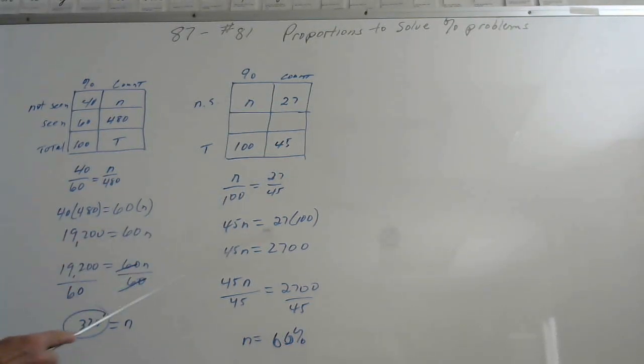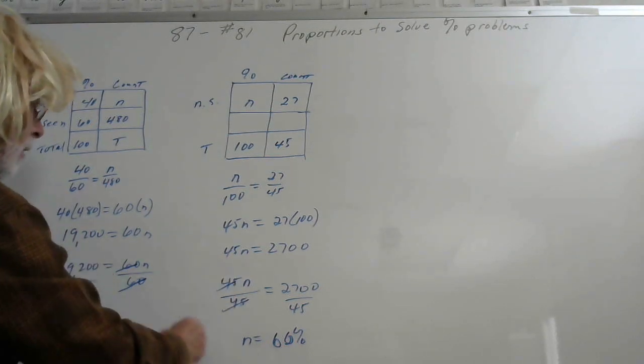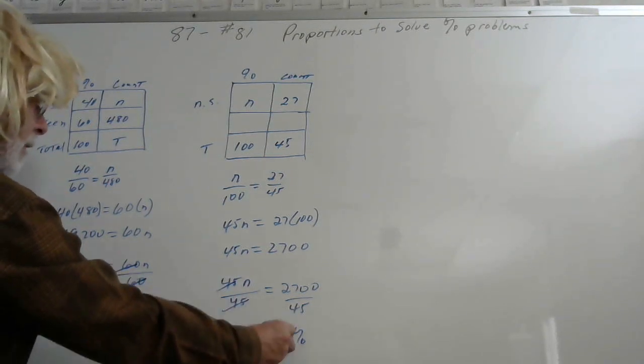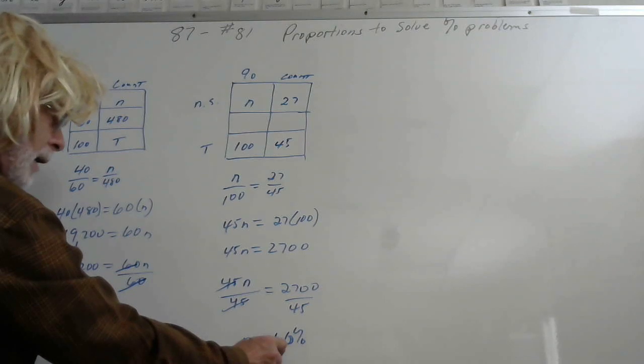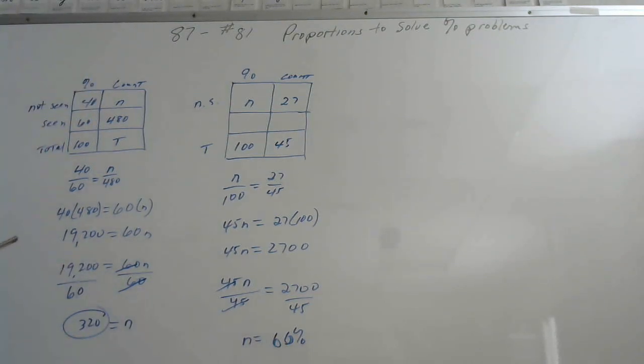Cross multiply, 27 times 100, 45 times n. So now I've got 45n equals 2,700. Divide both sides by 45. I cross out my 45 here. Then I've got n. When I divide that, it would be 60, but they want a percentage, so it would be 60%.